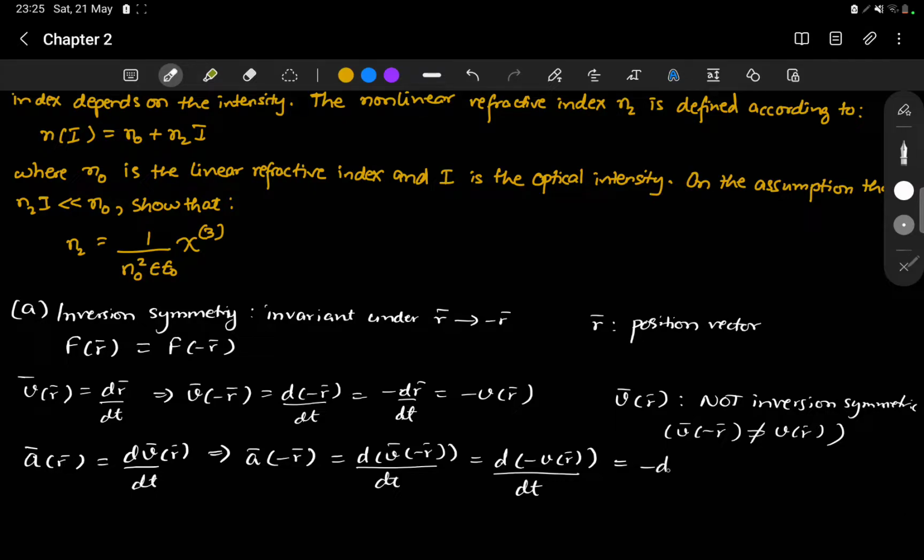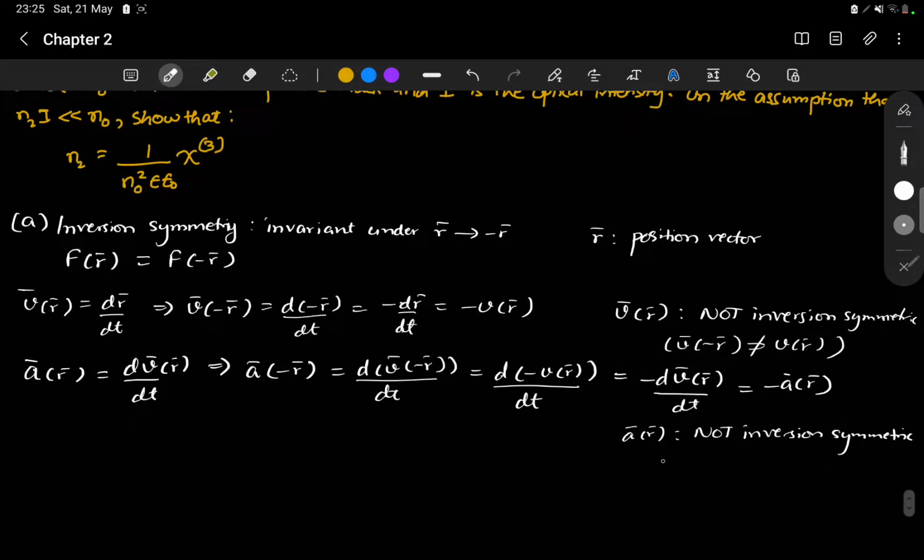Again taking the minus outside, this gives us minus a of r. Again, a of r is also not inversion symmetric, because a of minus r is not equal to a of r. In fact, it is the negative of a of r.